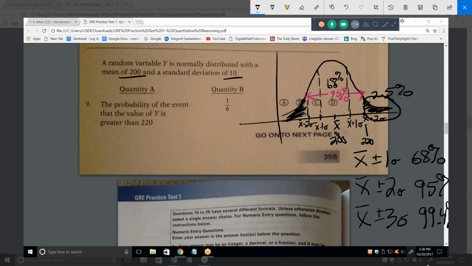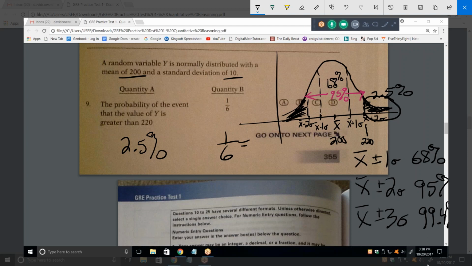So I'm comparing 2.5%, that's the likelihood that it's greater than 220, with 1/6. Which number is bigger? Well, 1/6, if I remember correctly. Use your calculator, because you can just go ahead and divide 1 by 6 and convert it to a decimal.